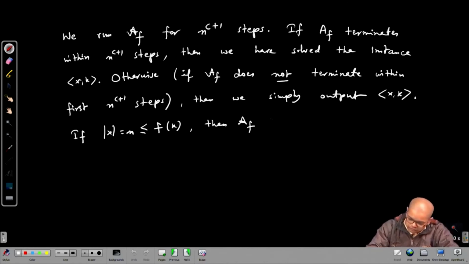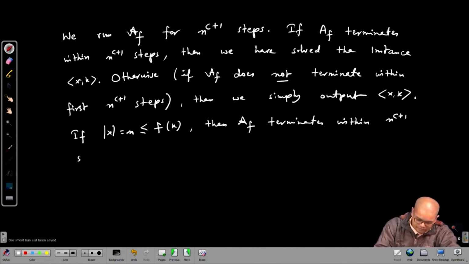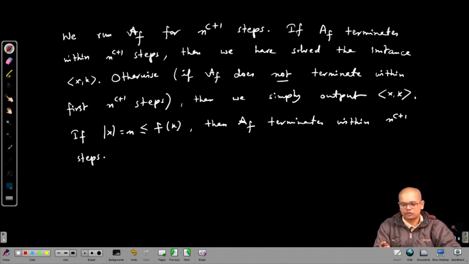Then AF terminates within n to the c plus 1 steps. Why? Because it takes at most f of k times n to the c steps, and f of k is at most n. So f of k times n to the c is at most n to the c plus 1, and in this case, hence the output instance is small, because we have solved the instance, and we will simply output a dummy instance of constant size.